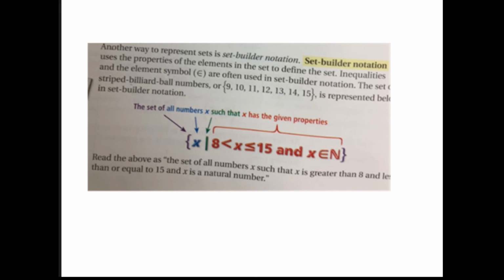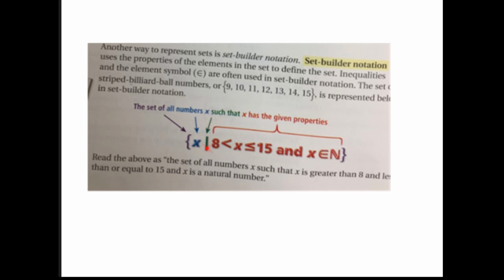The last type of notation we're going to talk about in this lesson is called set builder notation. This is probably the most complicated one. This is an example of set builder notation over here. It's really just a way to take this big long sentence, the set of all numbers x such that x has the given properties. Here we have x, that's our variable. If you were using y or a different letter, you would put that here.